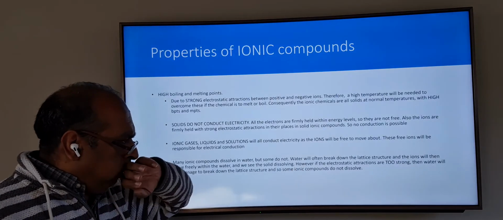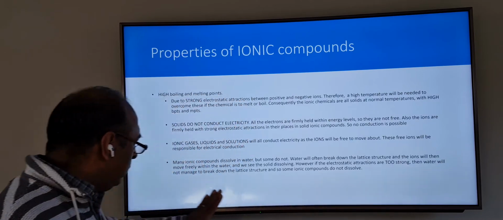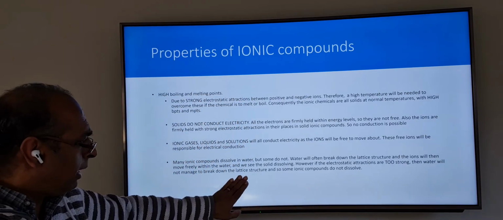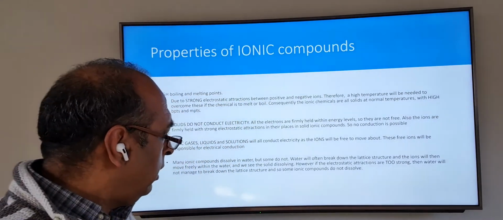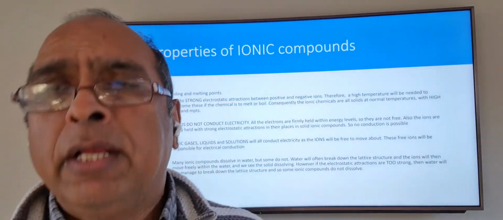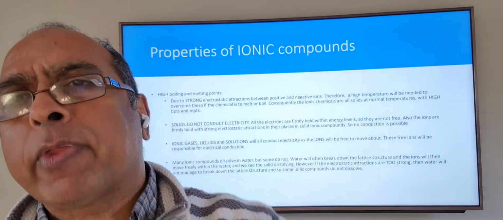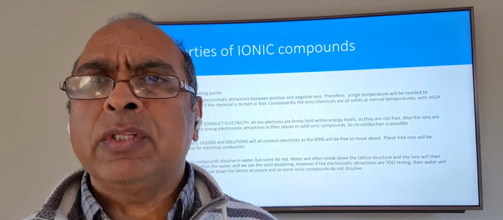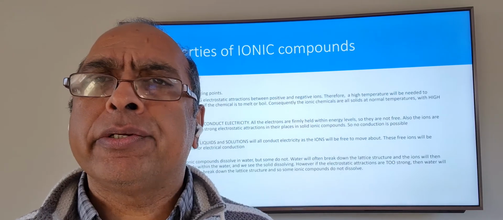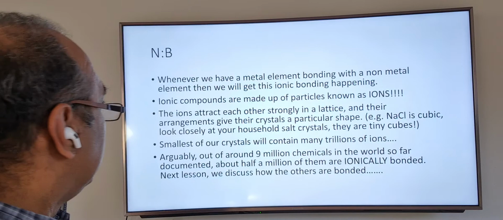However, if the electrostatic attractions are too strong, then the water will not manage to break down the lattice structure, and the compound then will not dissolve. So these properties follow on from understanding the structure, and you get questions on papers as a consequence.